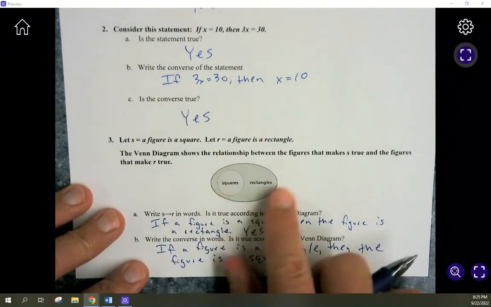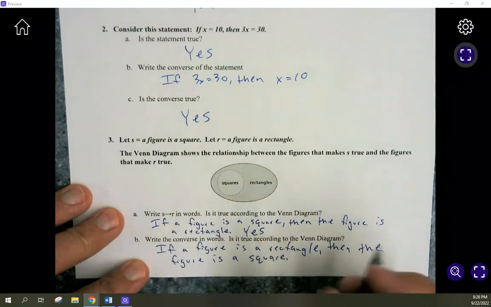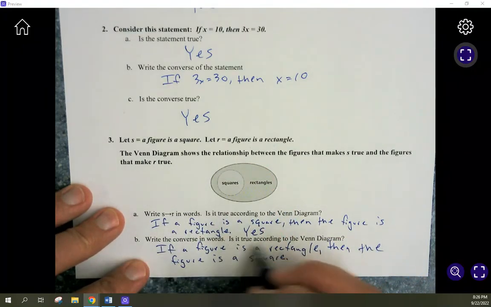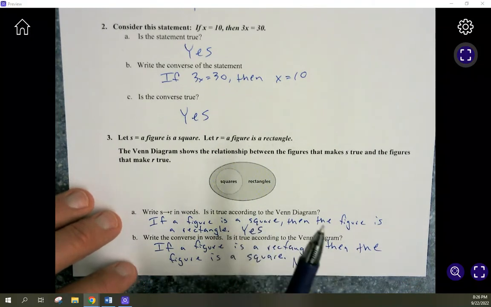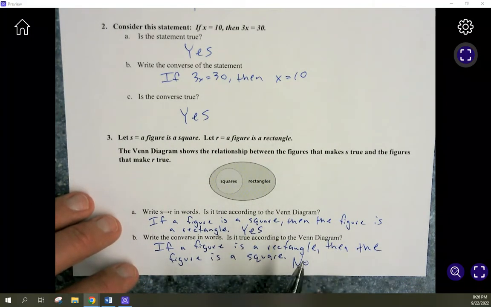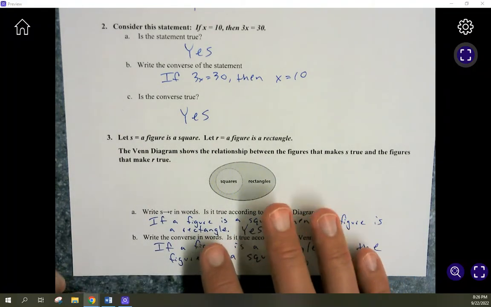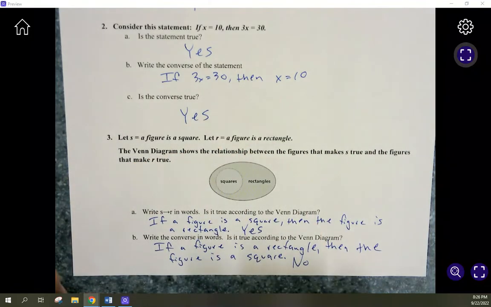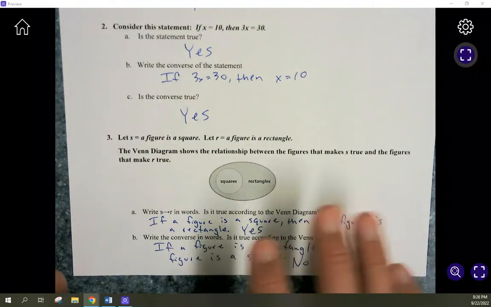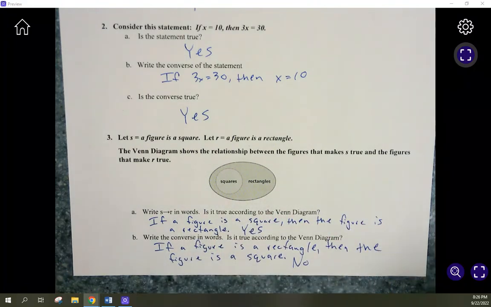So if I pick any rectangle inside this circle, it is going to be a square. That is not true. So is this true according to the Venn diagram? No. Just because something is a rectangle doesn't mean it is a square. So in this lesson and in your work now, you're going to examine how do I rewrite a conditional statement as its converse, and then you're going to examine if it is still true or if it is now false.